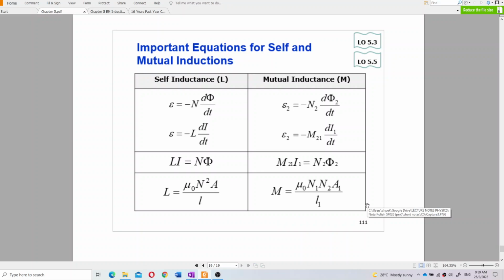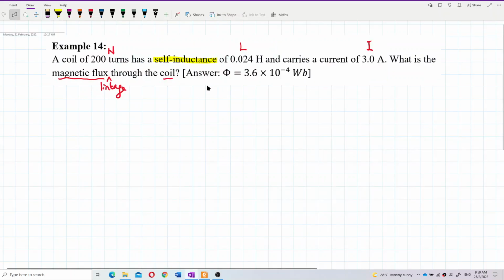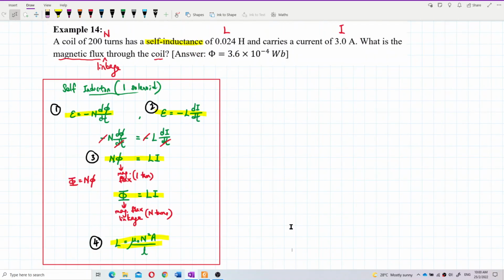Okay, so right now I want to copy the formulas here. We have the formulas for self-induction: EMF equals negative N d phi over dt; EMF equals negative L di over dt; N phi equals Li; or L equals mu naught N squared A over l.